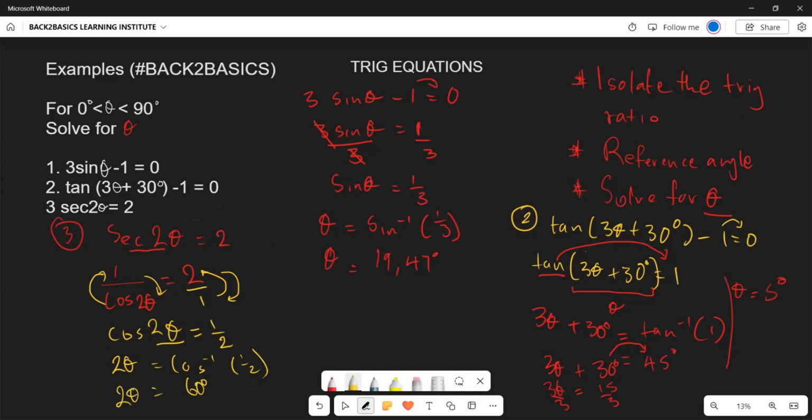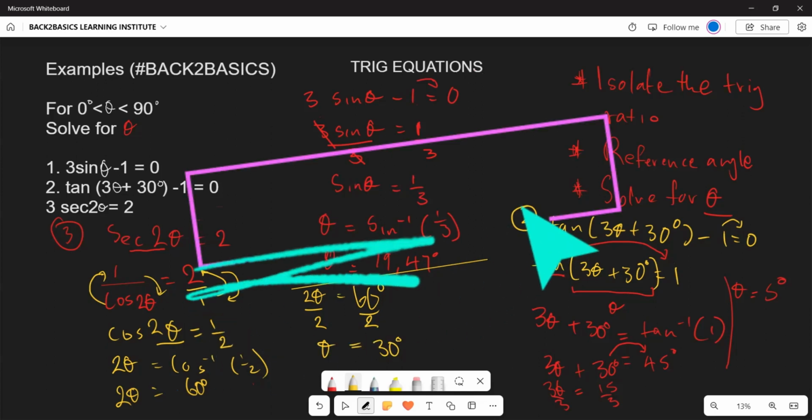Which is your 2 theta. So you're having 2 theta equal to 60 degrees. So now what is it that you're going to have here? Now you're going to divide by 2. So therefore, your value of theta is going to be given by 30 degrees, right? Now you have successfully solved these questions.